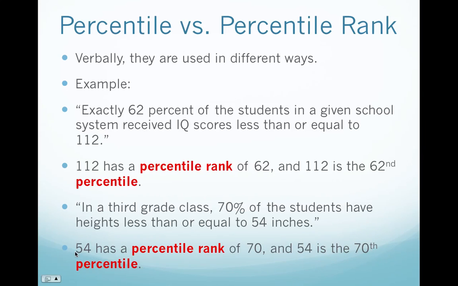But just beware, if it's ever presented to you in this way, 54 has a percentile rank of 70, you have to recognize that 54 is the data value and 70 is the percent of data values within the distribution that had values less than or equal to 54.